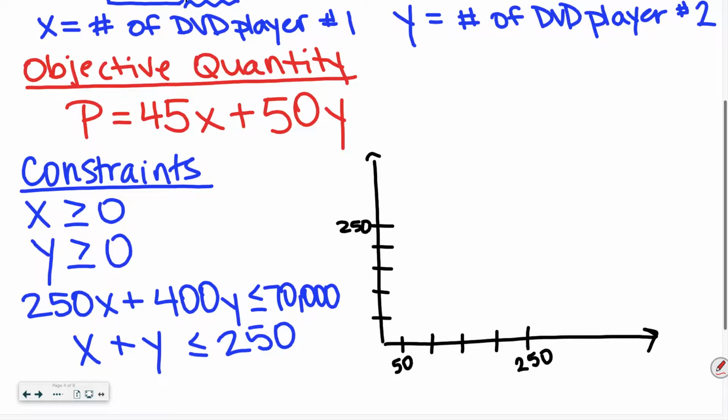Okay, so I'm going to graph this one in red. So are you in agreement that if I plug a 0 in for Y, our x-intercept is 250? If I plug a 0 in for x, our y-intercept is 250. If you need rulers, I have no problem with you using a ruler for this stuff.